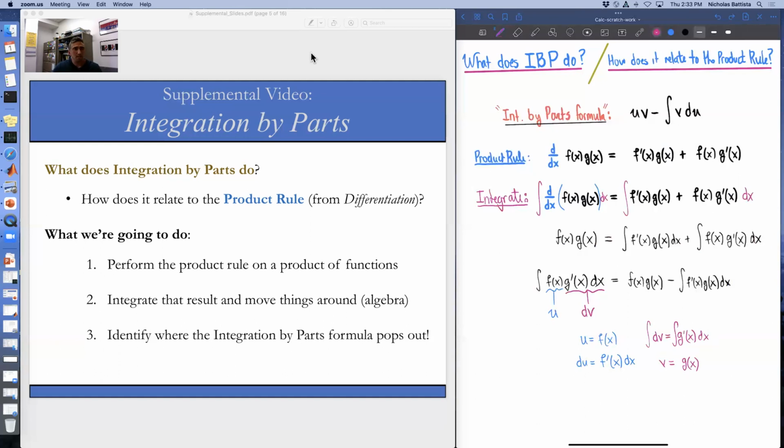Now what you notice is on this right-hand side, we have all of these characters there. So first, if we look at this u, anywhere there's just an f of x function, we call that u. Anywhere there's a g of x function, we call that v.